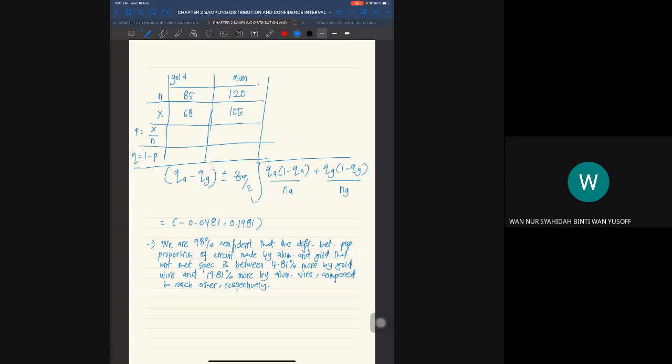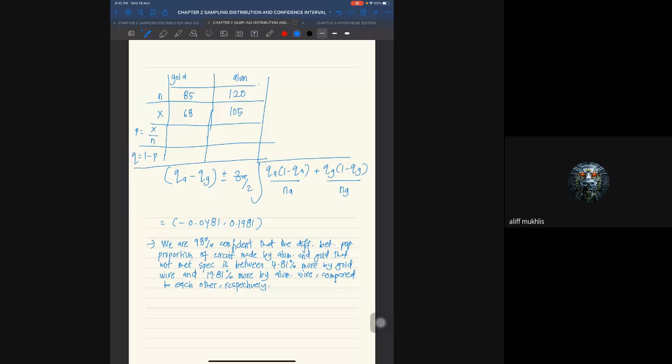Any question? Madam, for aluminium I got 0.2. What is the formula for the Q exactly? Because X divided by N, I got 0.8, right? Okay, and that's your P. So 1 minus P is your Q. Yes, my Q. That is Q for aluminium, means 68 divided by 85 to get P, right?